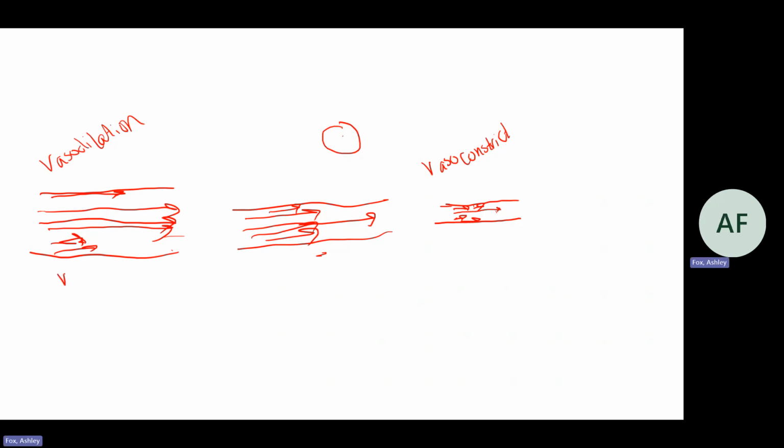So vascular resistance here is going to be less, even though the diameter is bigger. Vasoconstriction, the diameter is smaller, but the peripheral resistance, or the resistance, is going to be higher.